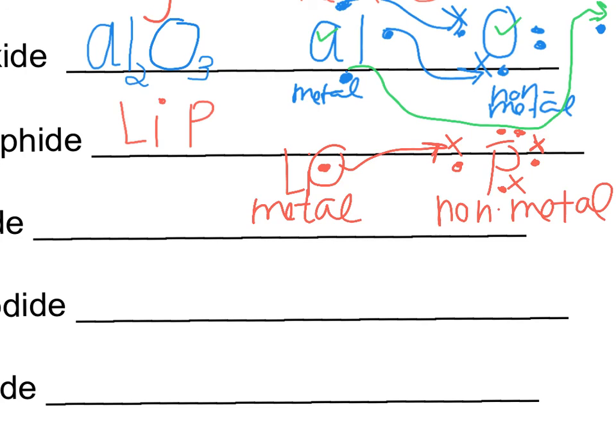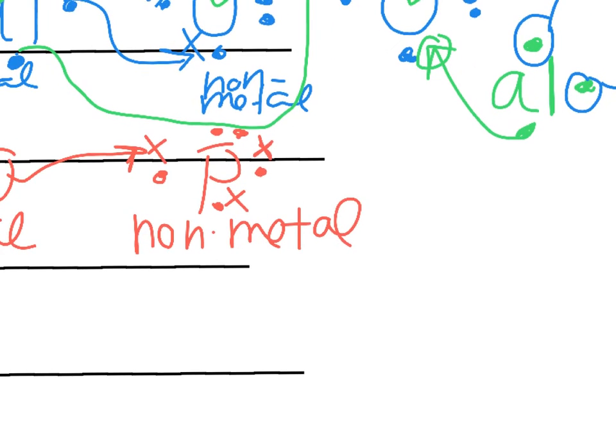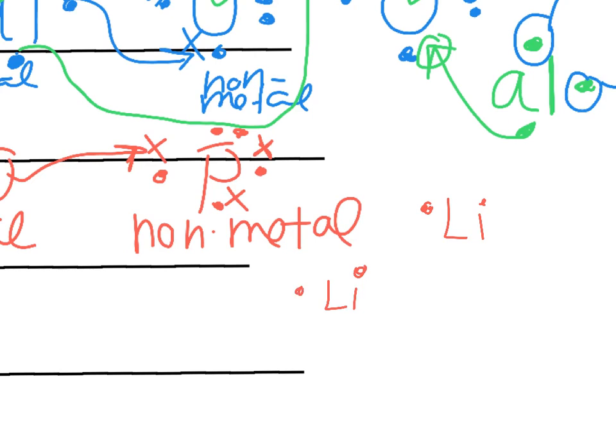But we still, again, when we're bonding, our outer shells should be full. What do you think we need to do? I'm hoping you said draw 2 more lithiums.